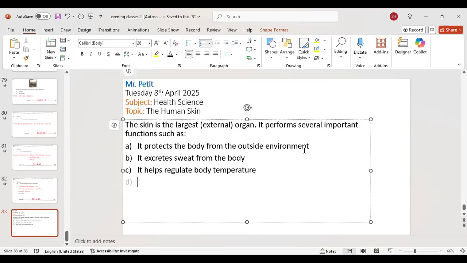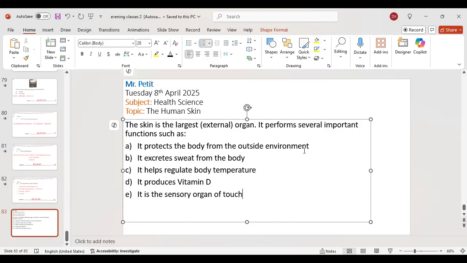Number four, it produces vitamin D. And number five, it is the sensory organ. It is the sensory organ of what? Of touch.